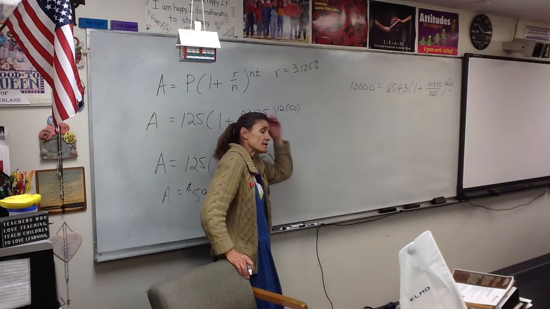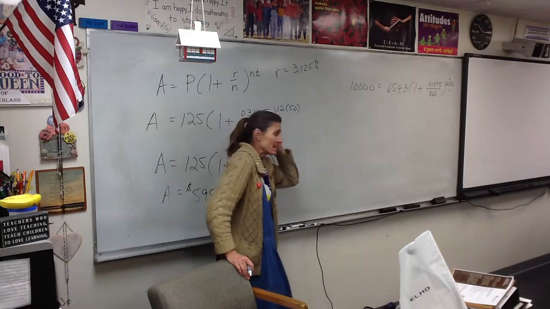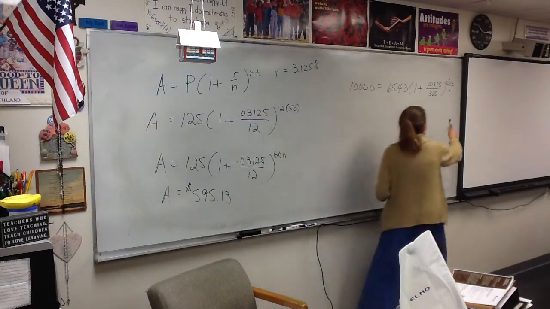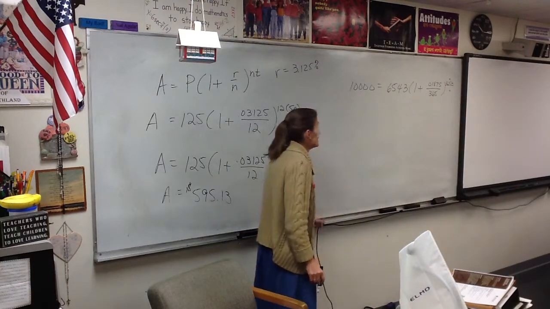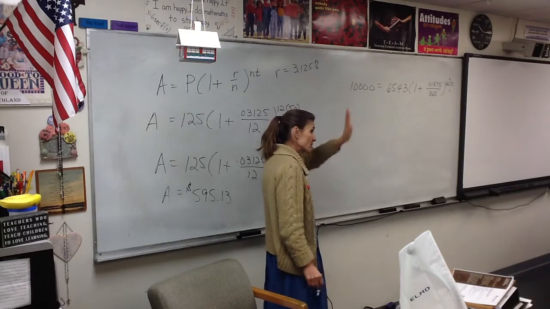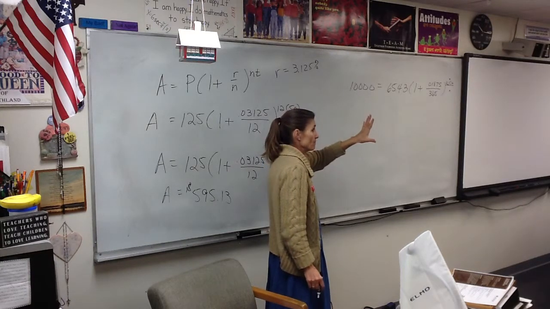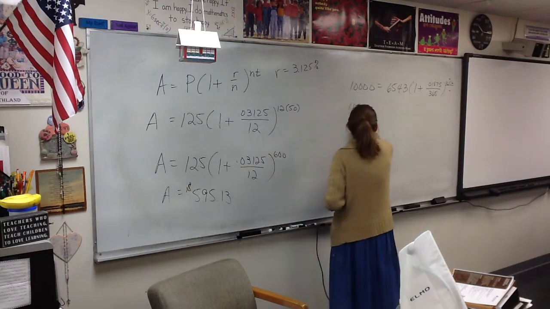All right, am I going to need logarithms? Yes, I am. Look where that variable is. When it's up high, you're going to need logarithms to pull it down. But first, no logarithms yet. What do I do first? Divide. So 10,000 divided by 6,543.